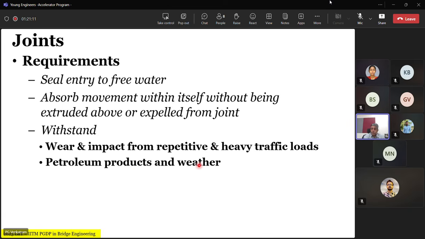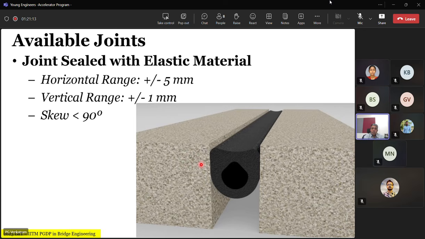So what are the types of joints? The simplest of them is with an elastic material, traditionally called a compression seal. As you can see, it's for a very small movement joint. Let us say the gap is about 10 mm; you take maybe a 20 mm thick rubber, compress it, and push it down.